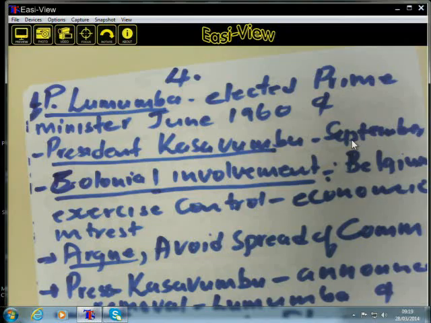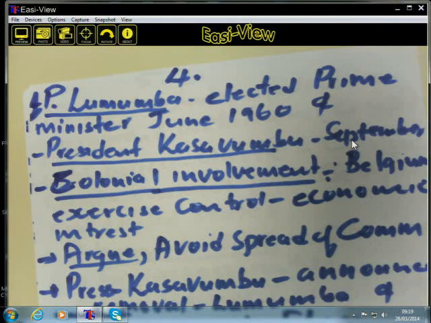What is key also is colonial involvement in these two countries that we are comparing. I've indicated at the beginning of the lesson that learners must compare in order to get full marks. You must talk about the situation in Congo and the situation in Tanzania.